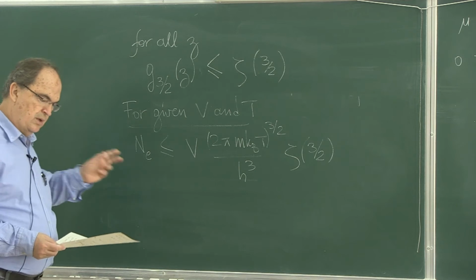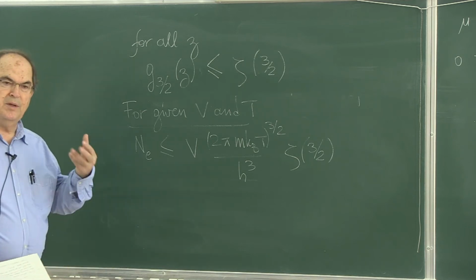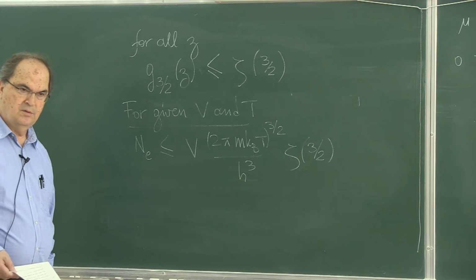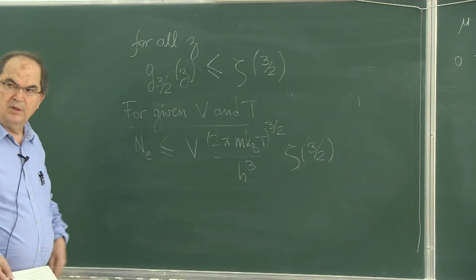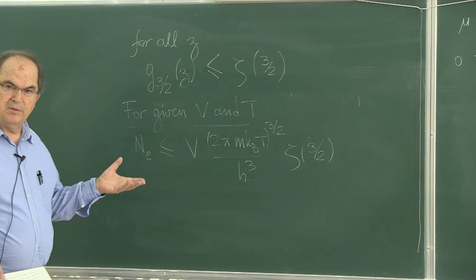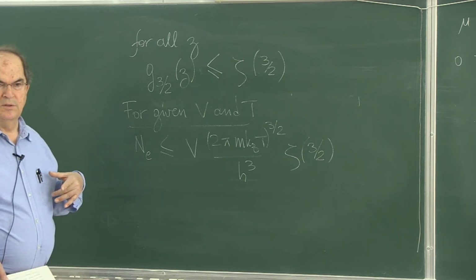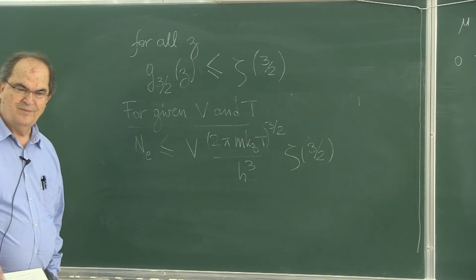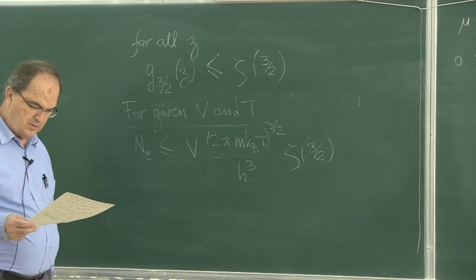You can also look at this as the maximum number of bosons the excited state can hold. If you increase the number of bosons above this, the rest must go into the ground state. That's the Bose-Einstein condensation.